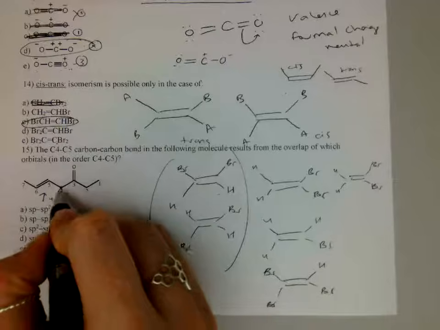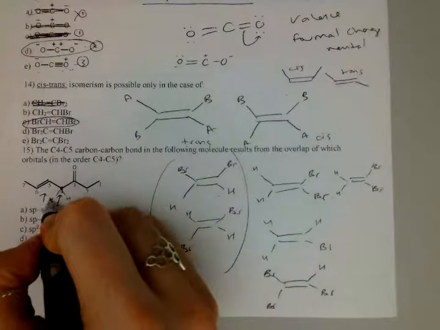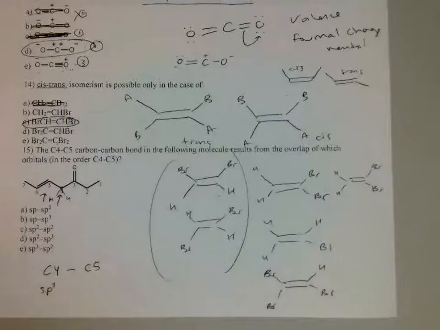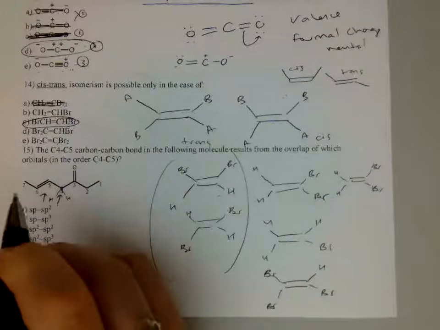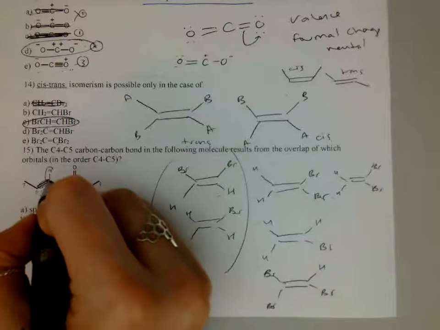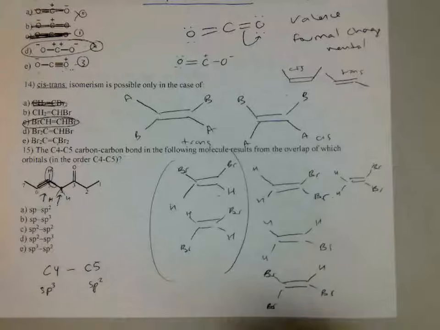C4 has 2 implied hydrogens, so there's 1, 2, 3, 4 things attached to it. So 1 s, 3 p's is 4, so it's sp3. Carbon 5 has 1, 2, an implied hydrogen, 3, so that's sp2, because 2 p's and 1 s is 3 things bonded to it.